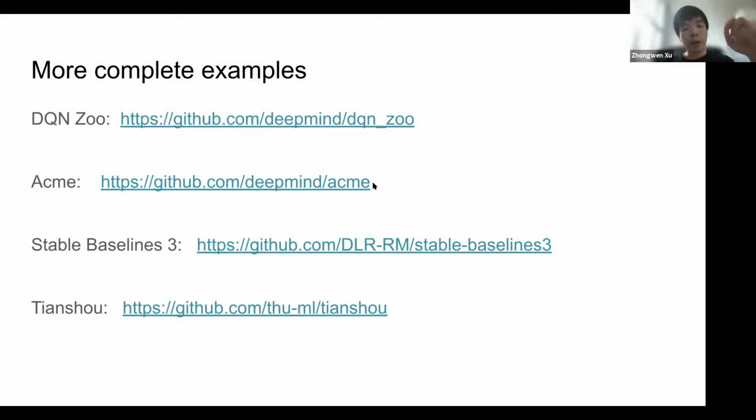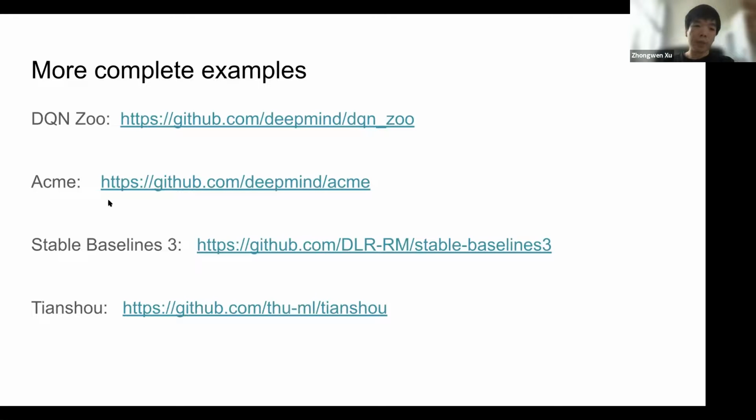What ACME really does is that it allows pretty modular isolation of the acting and the learning. And it also replaced the Python implementation of the replay buffer with a really high performance implementation in C++.